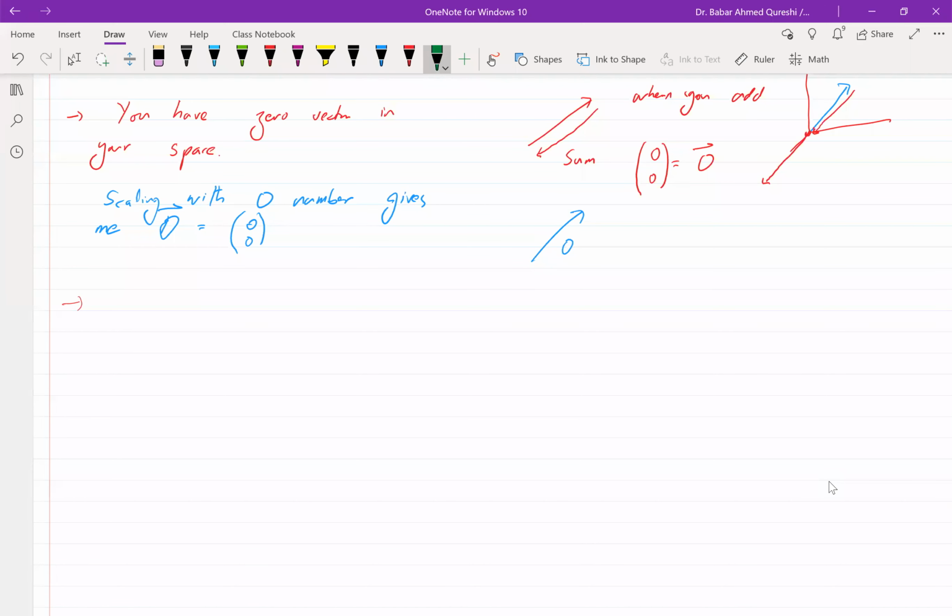Then this idea that for every vector you have the vector in the opposite direction, and when you add those two, you get a 0. This means that for any vector v, you have a vector minus v, which is in opposite direction, so to say.